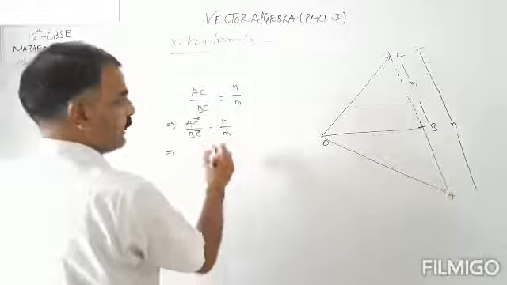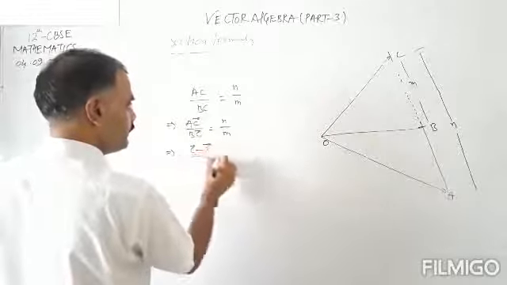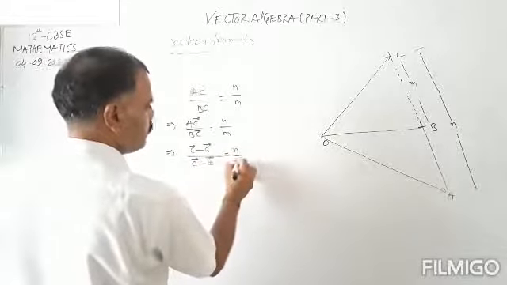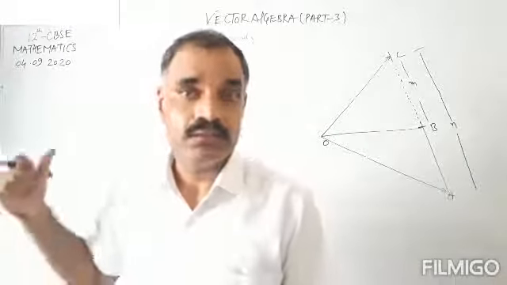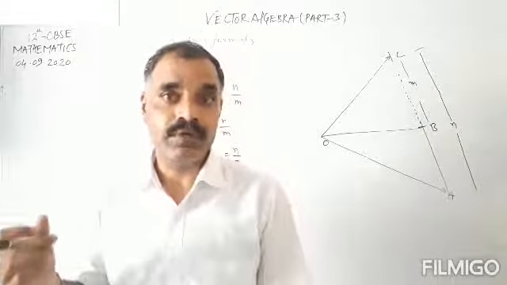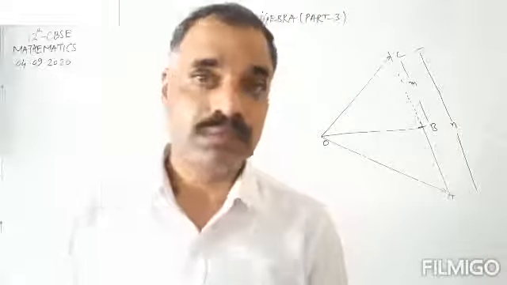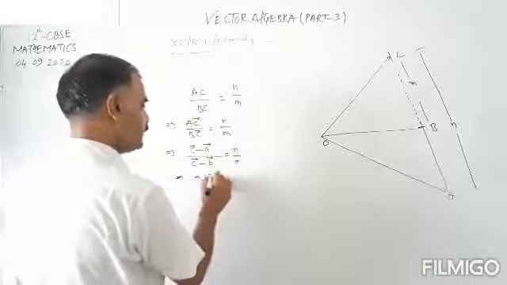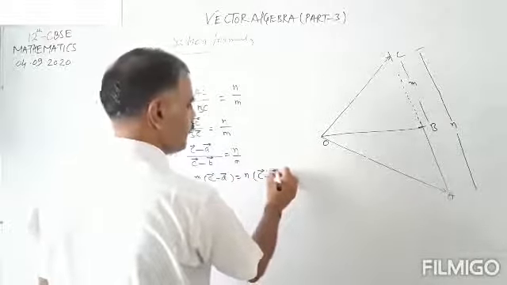Now, AC vector means position vector of C minus position vector of A divided by position vector of C minus position vector of B, and this is equals to N upon M. Now we will solve this proportional ratio, and will find the coordinate of C and will find the position vector of C. Okay, so M into C vector minus A vector is equals to N into C vector minus B vector.